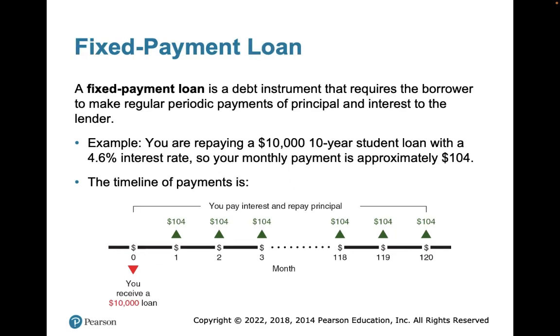So we're going to look at a fixed payment loan. It is a debt instrument that requires the borrower to make regular periodic payments of principal and interest to the lender.